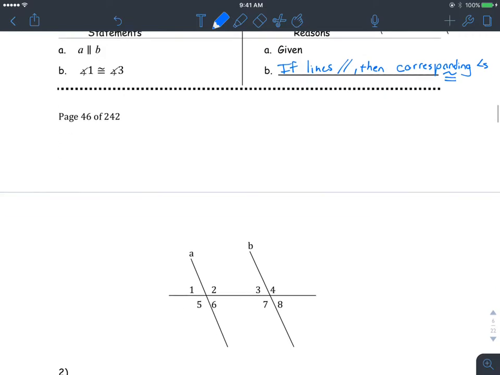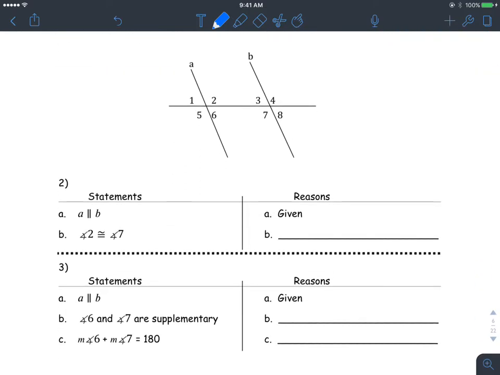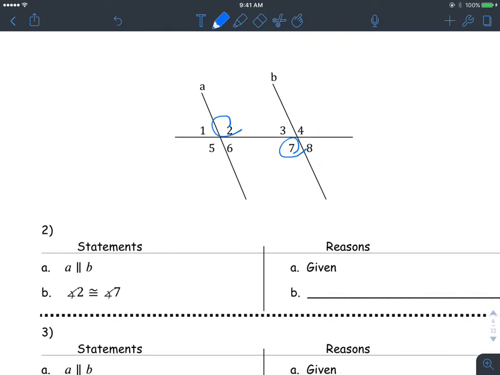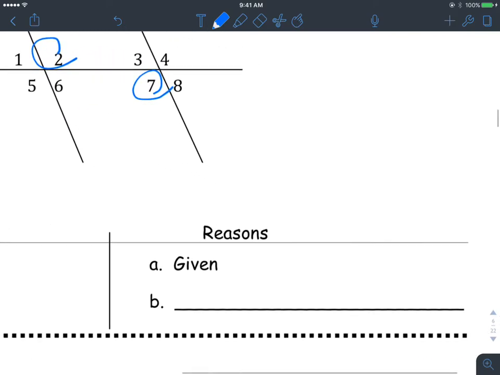So let's look at the next one. Kind of similar, just a different one. You really just need to practice identifying the different angle pairs, and then usually you guys are pretty good after that. This one's dealing with angles 2 and 7. We're given that the lines are parallel. Since they're touching parallel lines, we know 2 is congruent to 7 because of the alternate interior angles theorem.